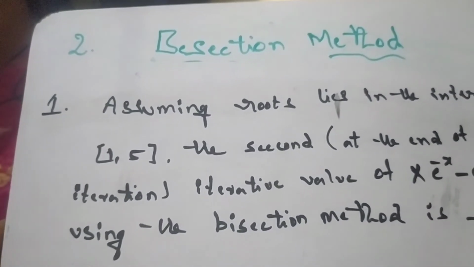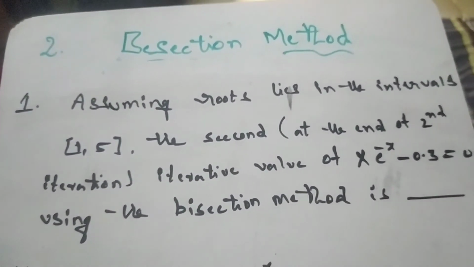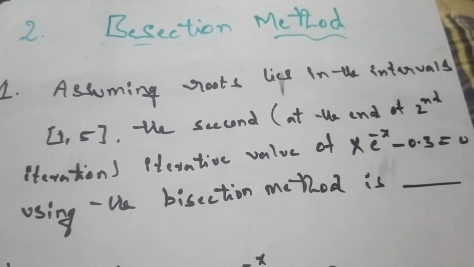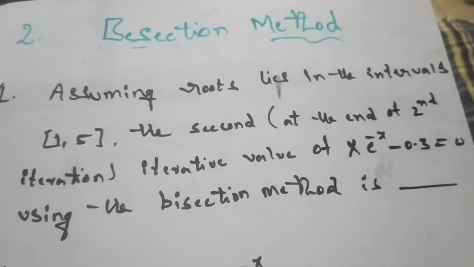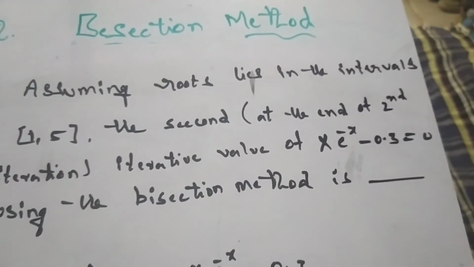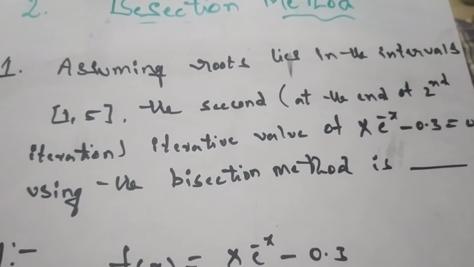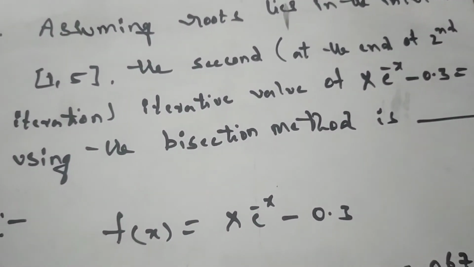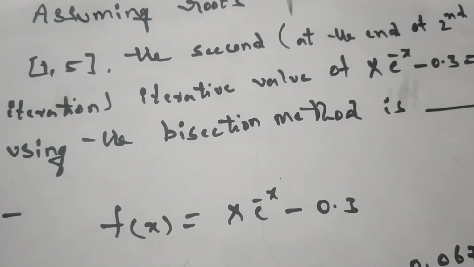Bisection method problem, first one. Assuming the root lies in the interval 1 comma 5, at the end of the second iteration, find the iterative value of x e power of minus x minus 0.3 equals 0 using the bisection method. That means f of x equals x e power of minus x minus 0.3.